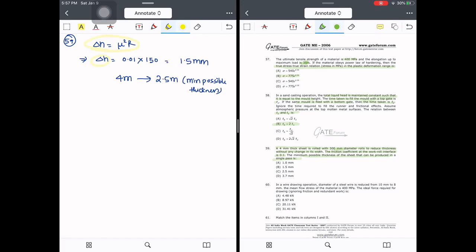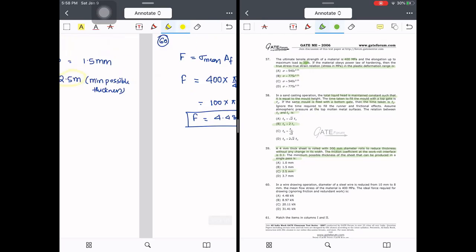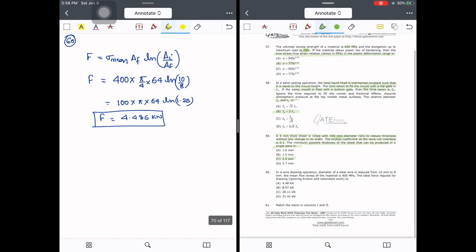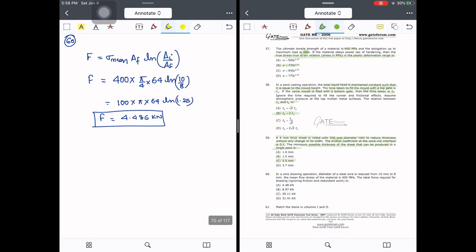The minimum possible thickness produced in a single pass means the maximum possible reduction in thickness, given by delta H is equal to mu square into R. Delta H is equal to 0.1 square into 150, that is 1.5 mm. From 4 mm reduced by 1.5 mm, it is 2.5 mm. So the answer is 2.5 mm.